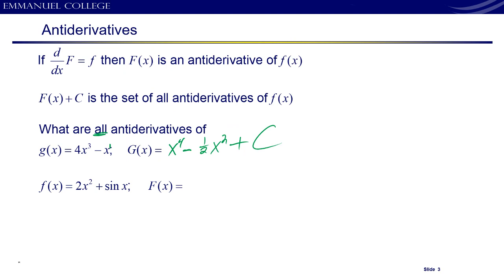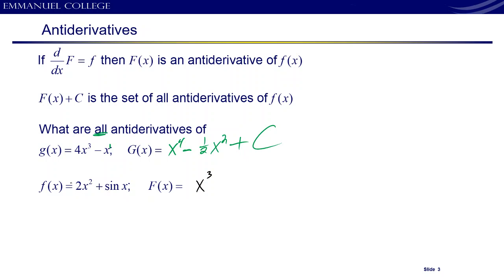Now, what about this one? 2x squared. Like we talked about before, this is going to have to be x cubed, because it became x squared. But if I do that, that's going to bring down a 3.